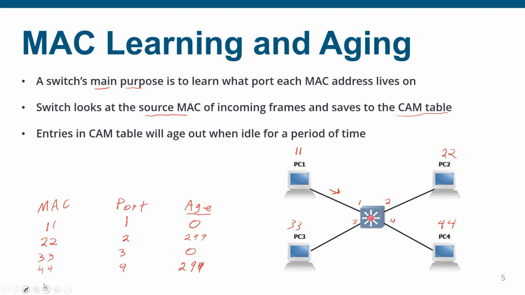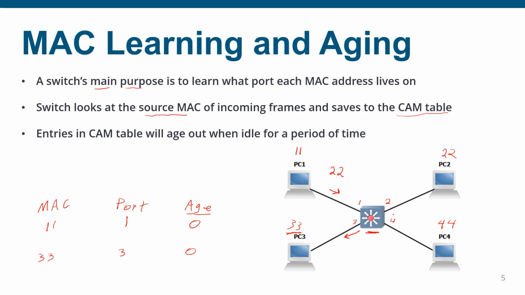At this point, one more second, and PC4 will be erased from the CAM table as well as PC2. So when PC1 sends a message with the destination of all 3s, the switch will just forward that out to PC3. However, when it sends one with a destination of all 2s, the switch no longer knows where that is located.